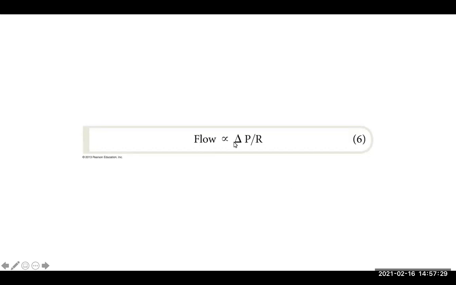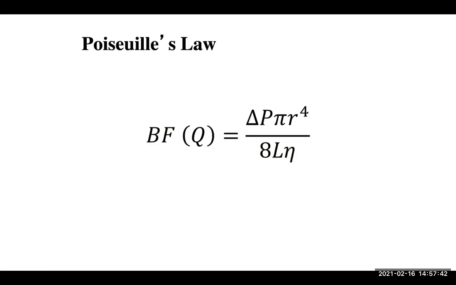So again, flow is going to be directly proportional to the change in pressure over resistance. So resistance is a very big component here. So we could also say blood flow, BF, equals the change in pressure times pi times the radius to the fourth power divided by 8 times the length times eta.